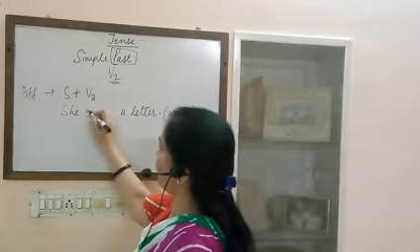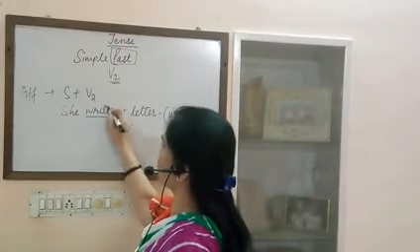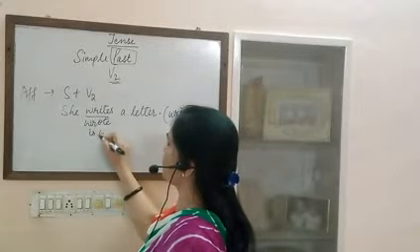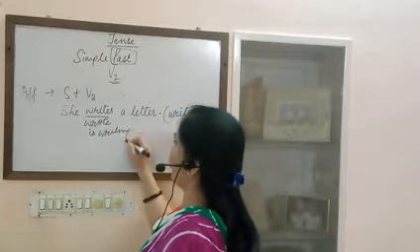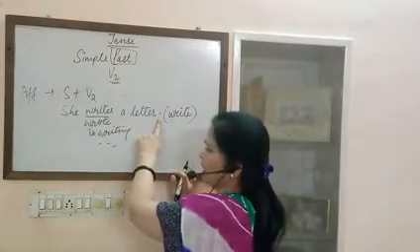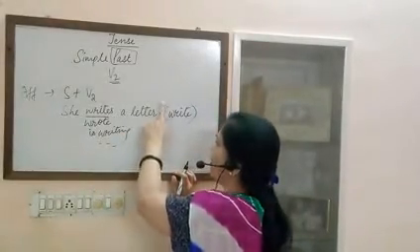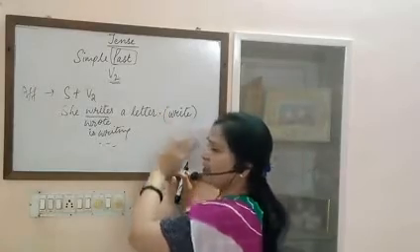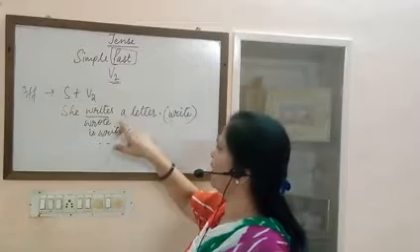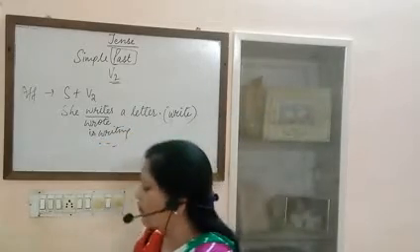It could be writes, wrote, is writing, will write, or anything. It means since it has not been mentioned which condition is there, we can fill any of these verbs.